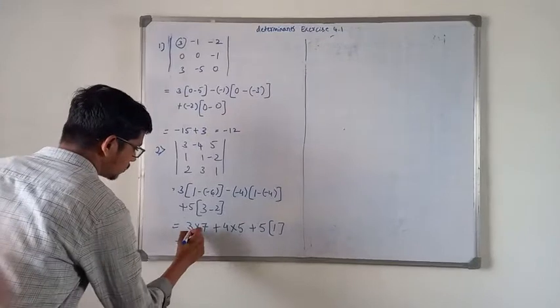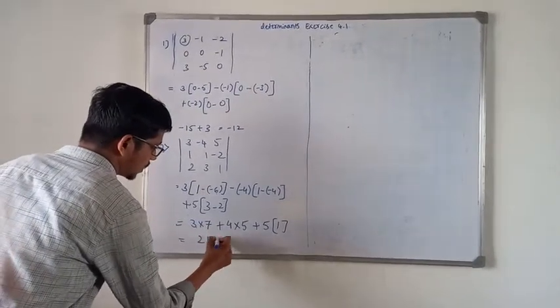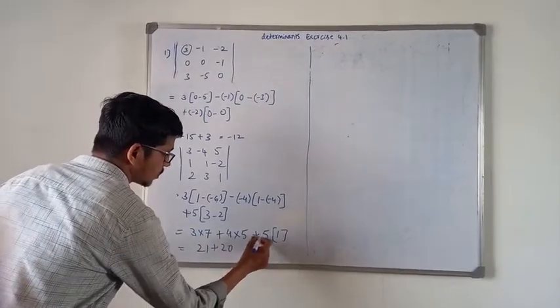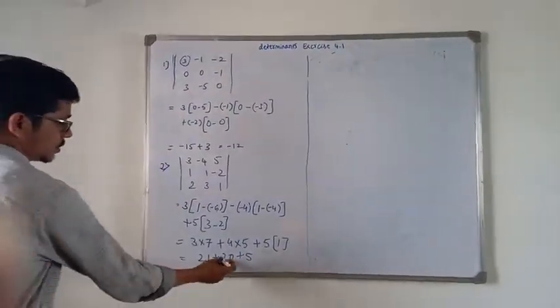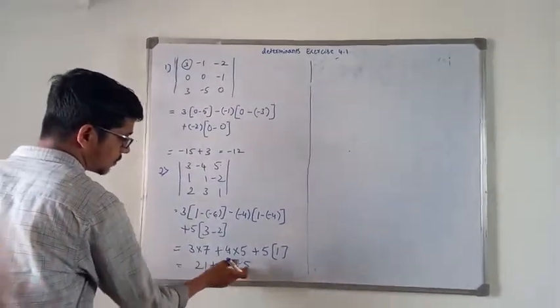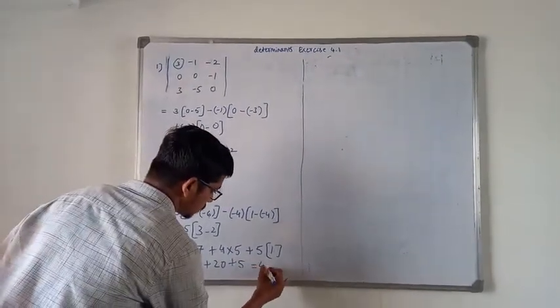This is equal to 7 3s are 21, plus 4 5s are 20, plus 5 into 1 is 5. This is equal to how much? 20 plus 21 is 41, 41 plus 5 is 46.